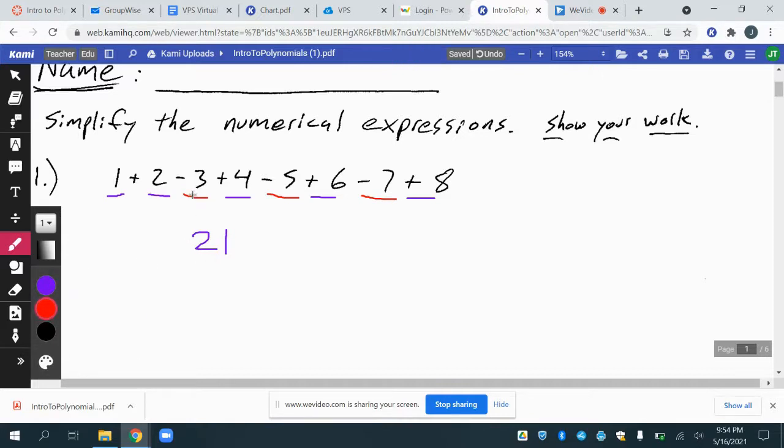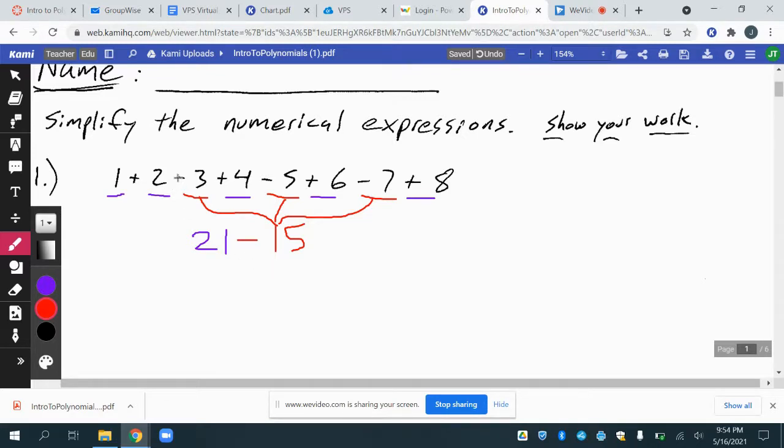And when I add my negative numbers, I get negative 3, that's negative 5, makes negative 8, and 7 is negative 15. So really, this is 21 minus 15. All I did was combine the negative numbers and the positive numbers beforehand, and now it's much easier to add these. It's very important to think about these things as positive and negative numbers.